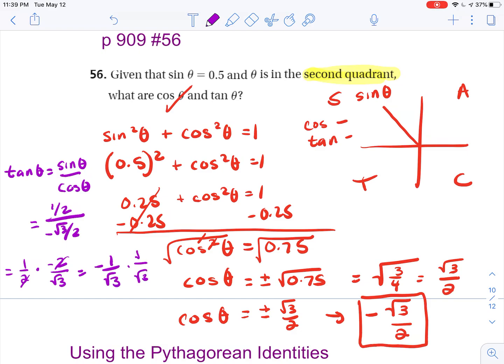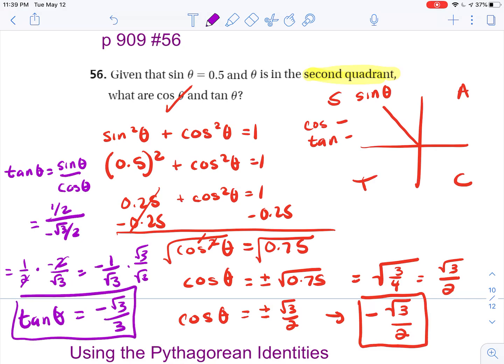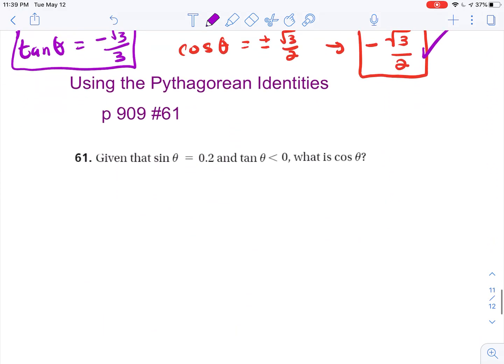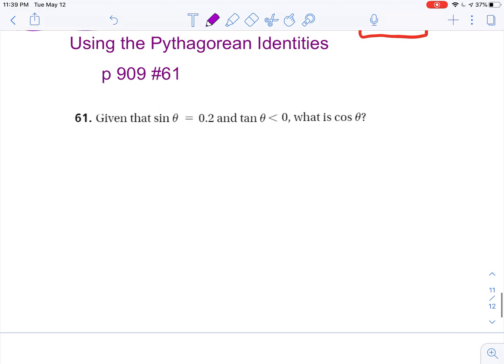And do regular operations. So keep, change, flip, cancel, cancel. We get minus 1 over radical 3, which we know when we rationalize gives me minus radical 3 over 3. And there we have it. Is it negative? Yes, and it should be because we are in quadrant 2.